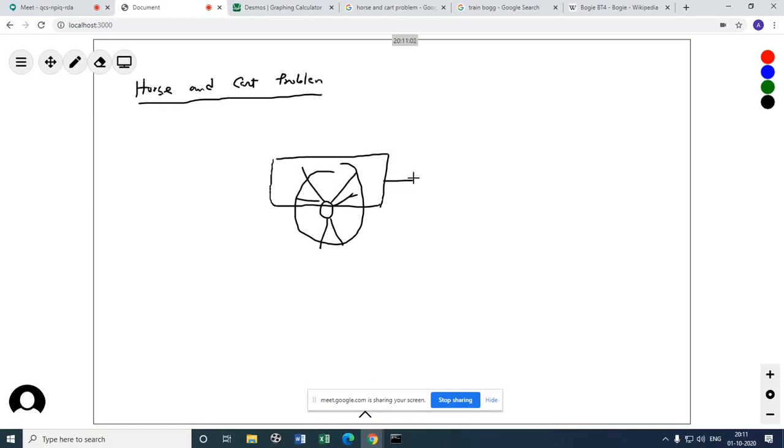Now, if the horse is pulling it here, please excuse the diagram of the horse or whatever it may be. But the horse is pulling it, right?